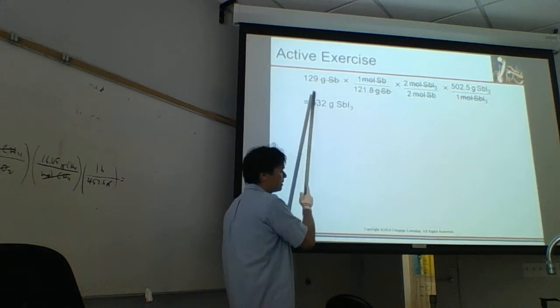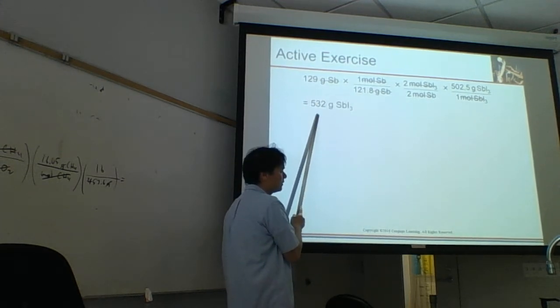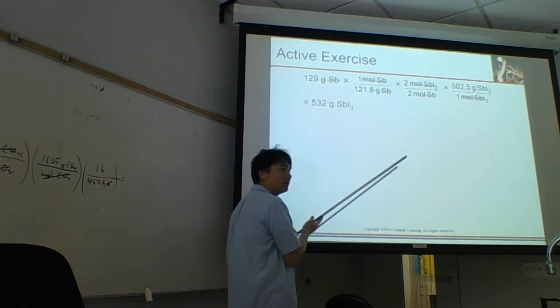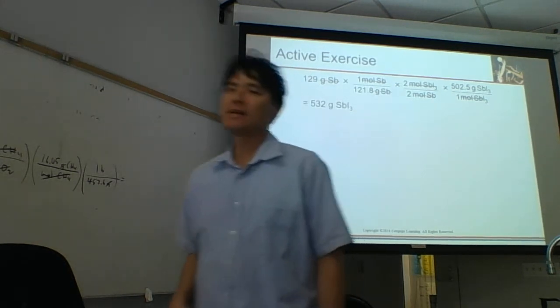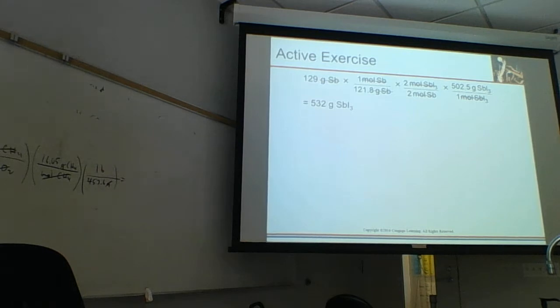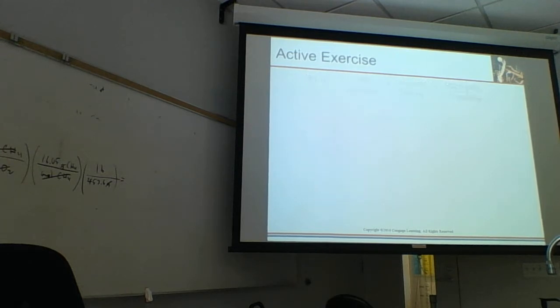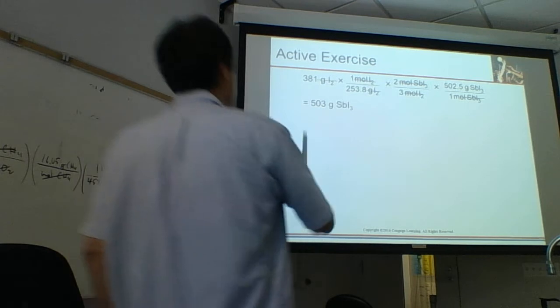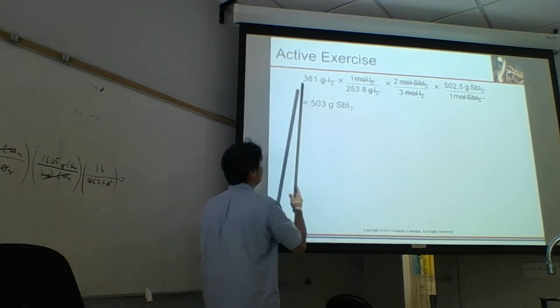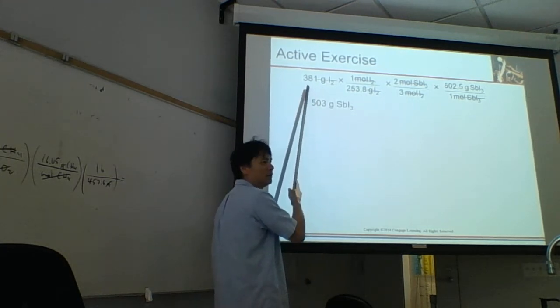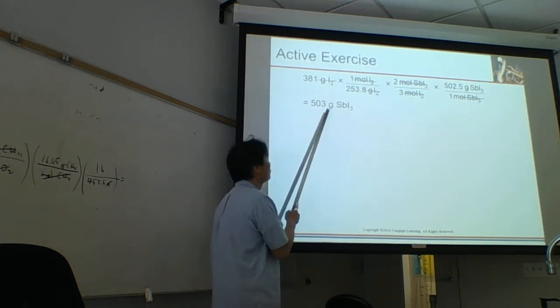And so you go to the pantry, ingredient A, you have enough to make 532, but we need ingredient B. What was ingredient B again? Let's take a look. Ingredient B was the iodine. And I see, oh, I have lots of ingredient B. I have enough to make 503.